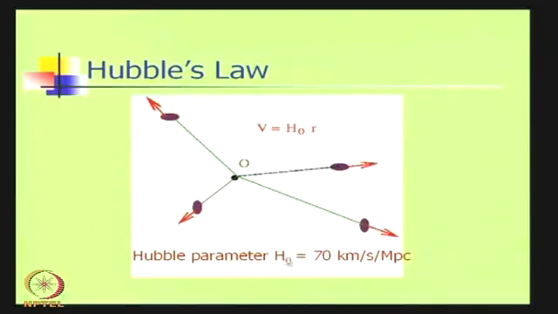The value Hubble obtained was different, okay. Current observations indicate that the Hubble parameter has a value 70 kilometers per second per megaparsec. Hubble obtained a much larger value because of problems in the Cepheid calibration of the period luminosity relation of the Cepheid variables, but we will not go into all those details.